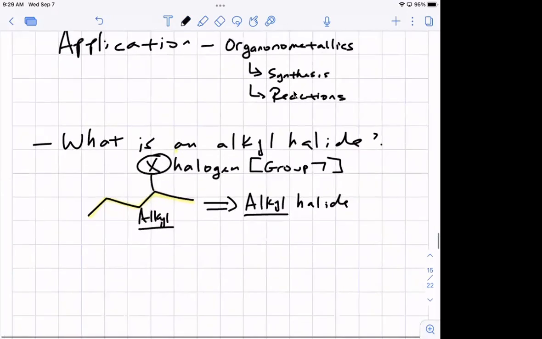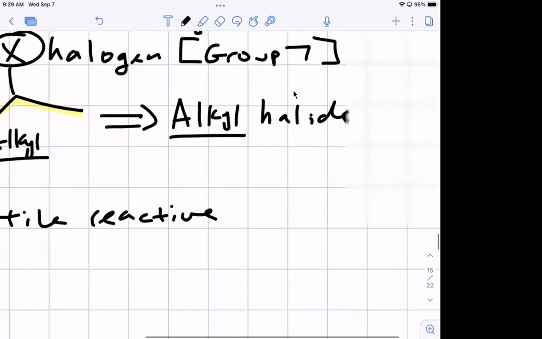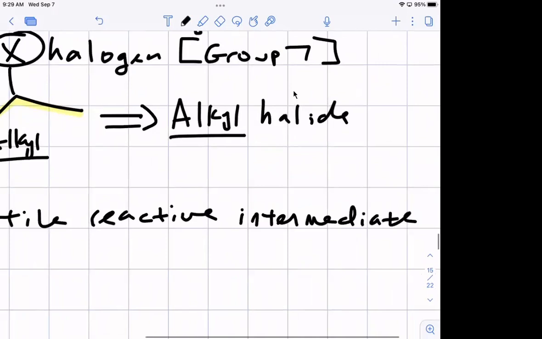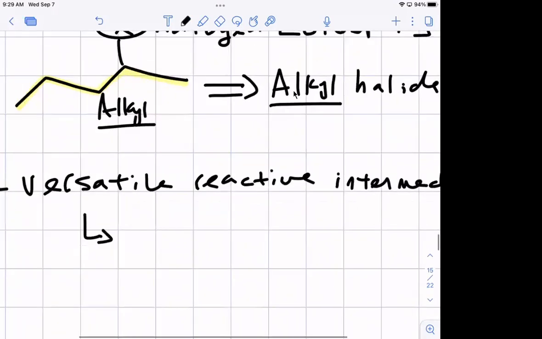Right? The reason why we're going to talk about alkyl halides is because they're very versatile reactive intermediates. You can use them to synthesize other molecules pretty rapidly. They are good for coupling reactions, which we're going to talk about.